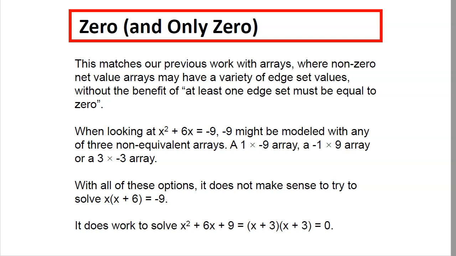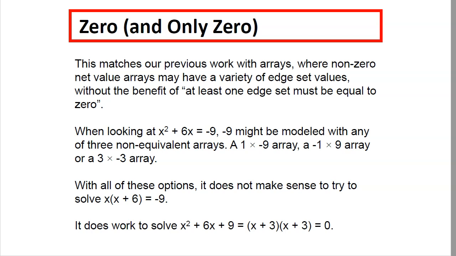This matches our previous work with arrays, where non-zero net value arrays may have a variety of edge sets without the benefit of at least one edge set being equal to 0. When looking at x squared plus 6x equal to negative 9, negative 9 might be modeled with any of these non-equivalent arrays: a 1 by negative 9 array, a negative 1 by 9 array, or a 3 by negative 3 array.